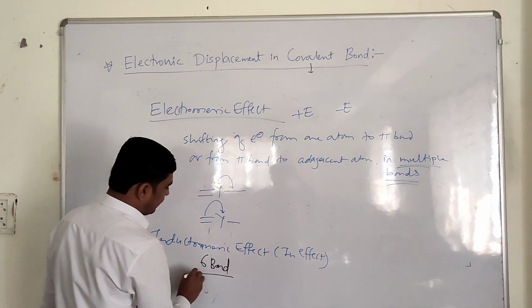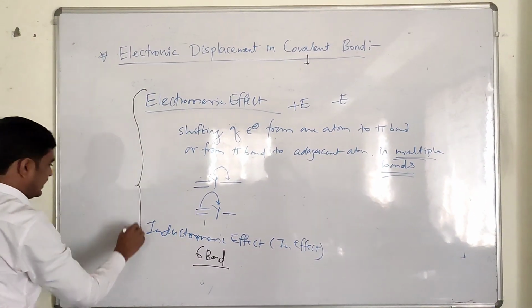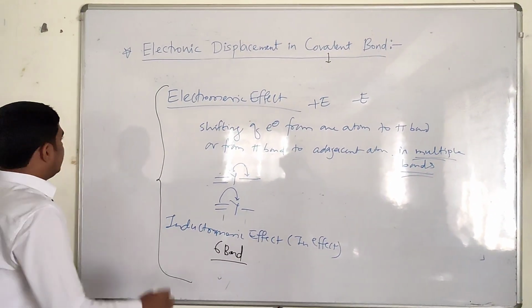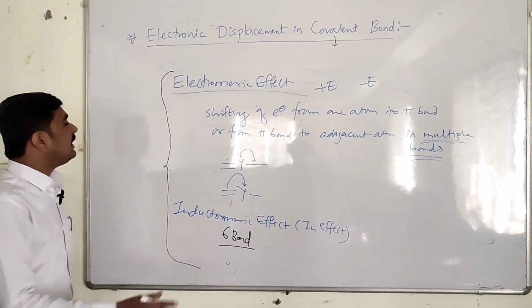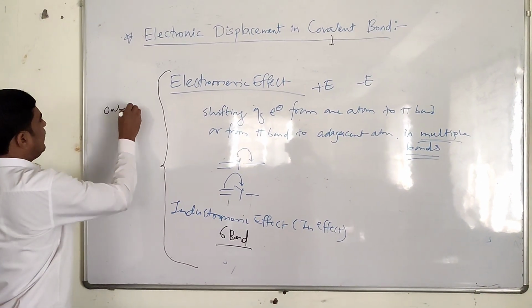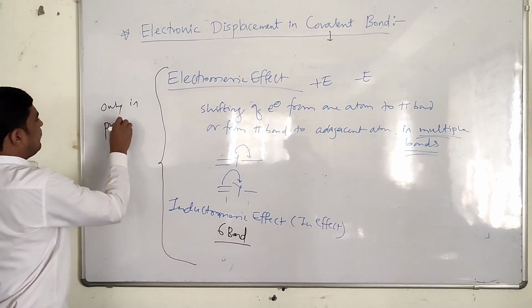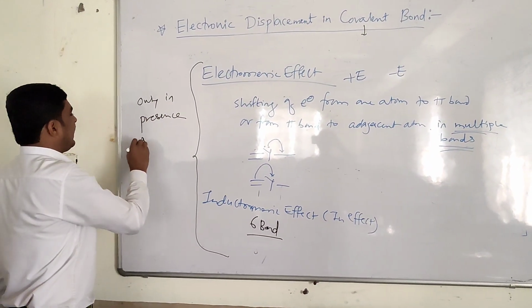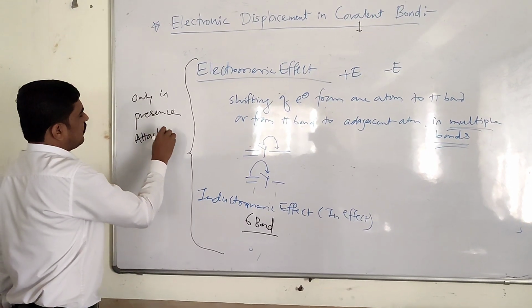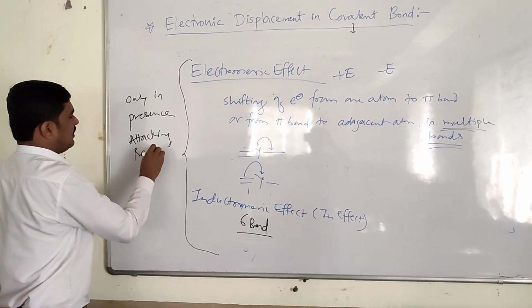Here is a transfer of electrons, and the most important thing about these two effects is that this effect is shown by the atom or the molecule only in presence of an attacking reagent. You have to always remember this.